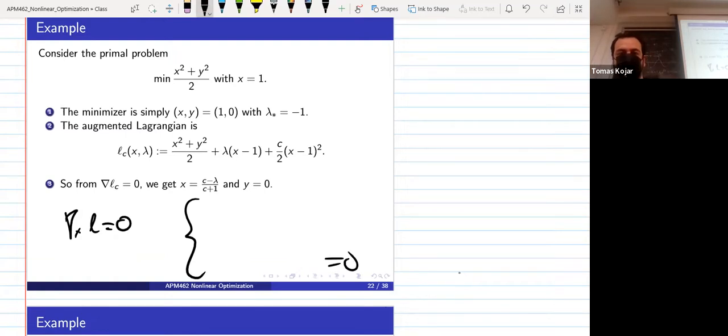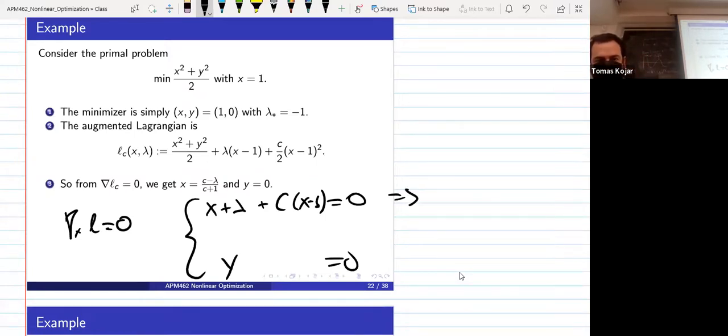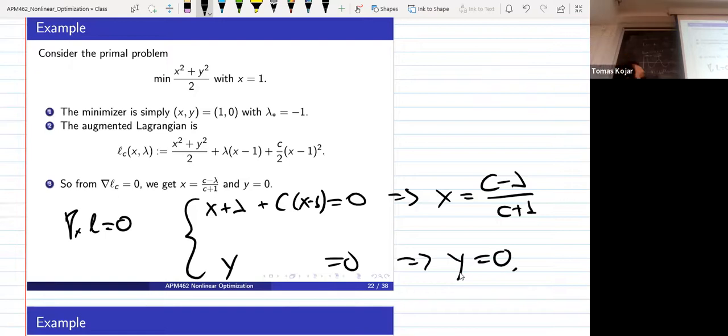And this guy doesn't change. So if you solve the first one, you get the thing I wrote, C minus lambda over C plus 1. All right, good.